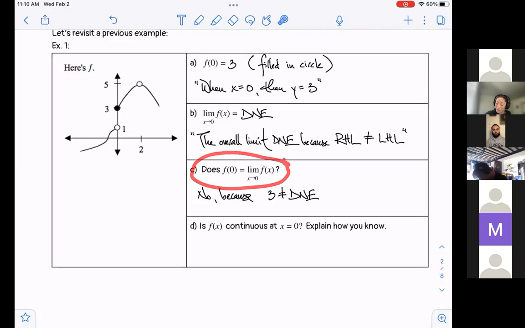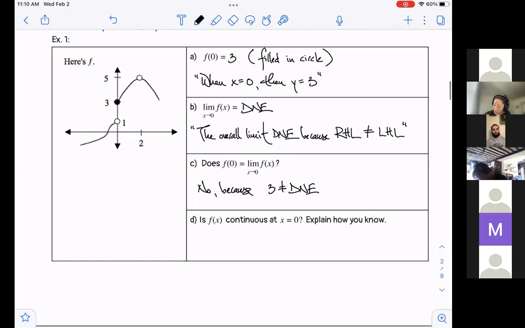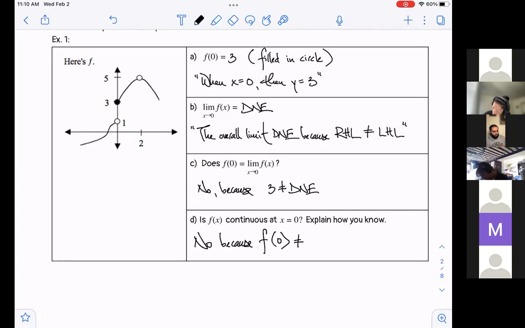So to say, is f of x continuous at x equals 0, we could say no, it is not continuous, because the actual value there, which we might say is f of 0, is not equal to the limit as we get close to 0. Okay.